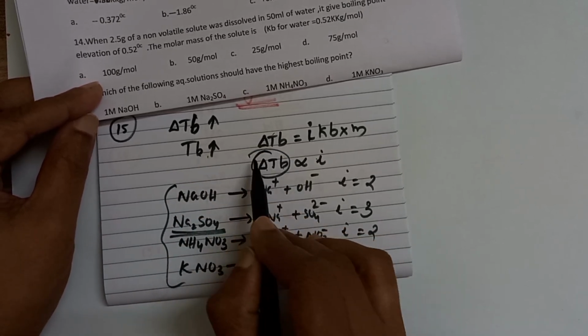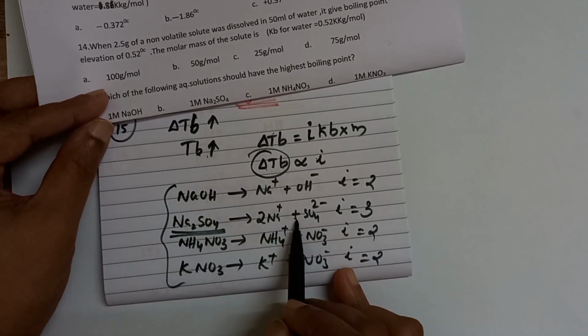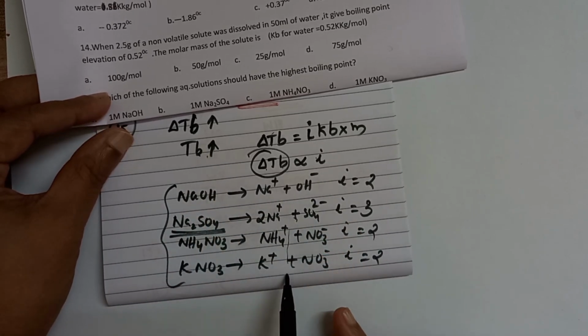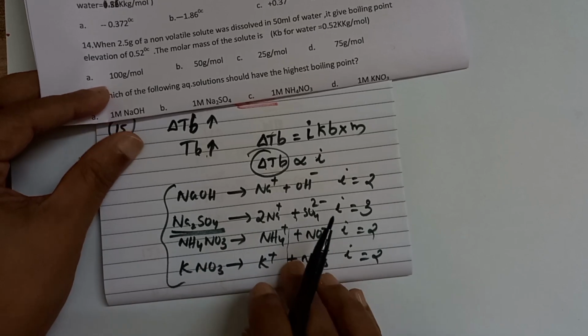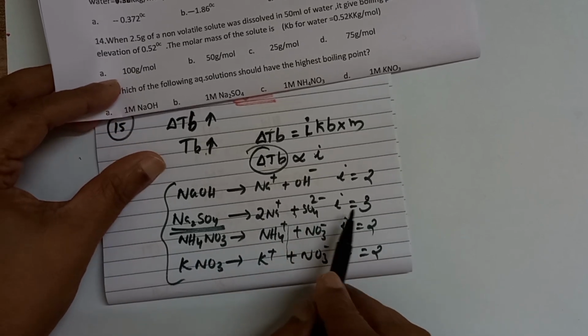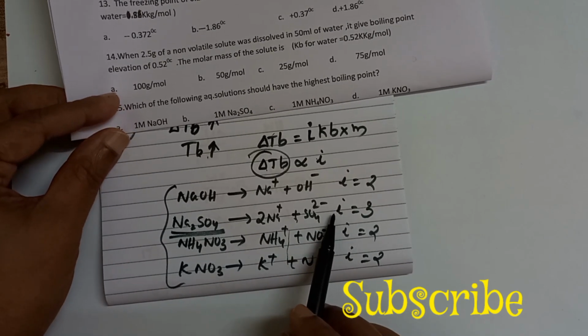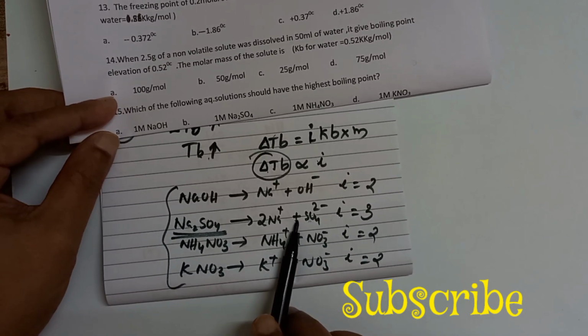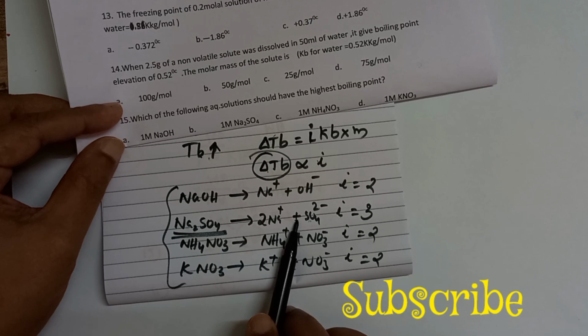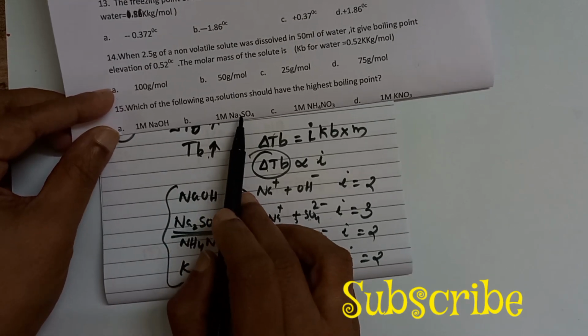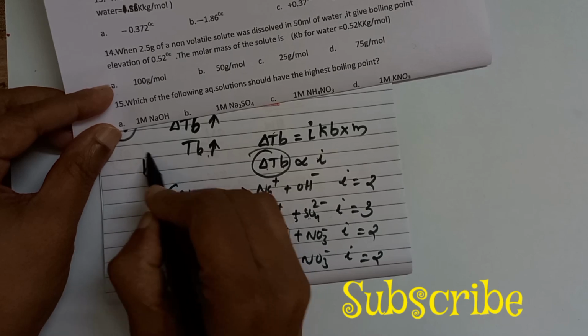This colligative property depends on the number of particles. The i value is 3 in the case of Na2SO4, so this aqueous solution has the highest boiling point. So the answer is option B. Option B is the answer here.